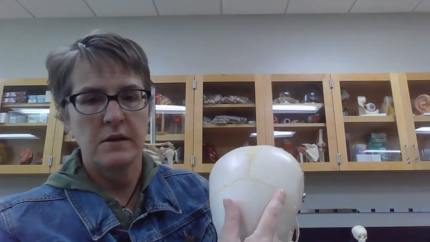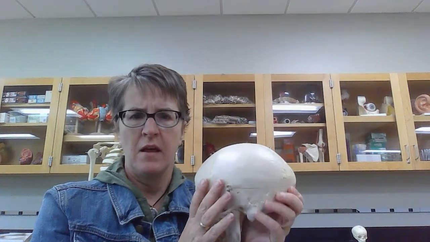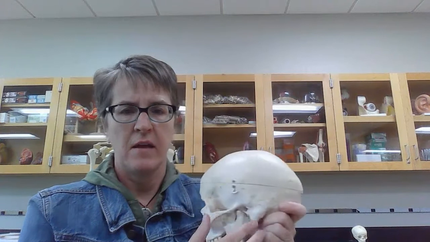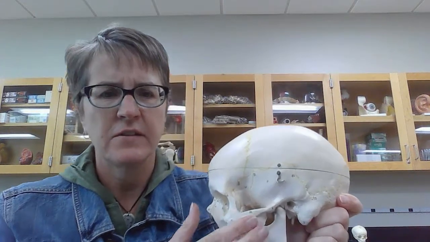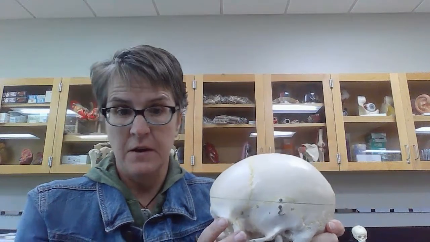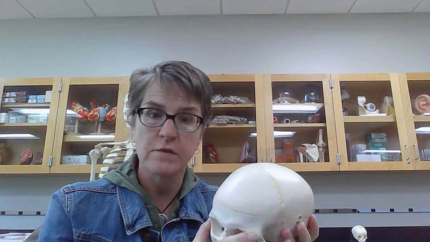This line, there's a line here, there's a line here. As I step away, there's a line across the back, and there's, can you see it? A line across the side. These lines are joints. They're fibrous joints, and they're called sutures, and you need to know 4 of the sutures of the skull and the bones that they connect. So I wanted to just get an overview.